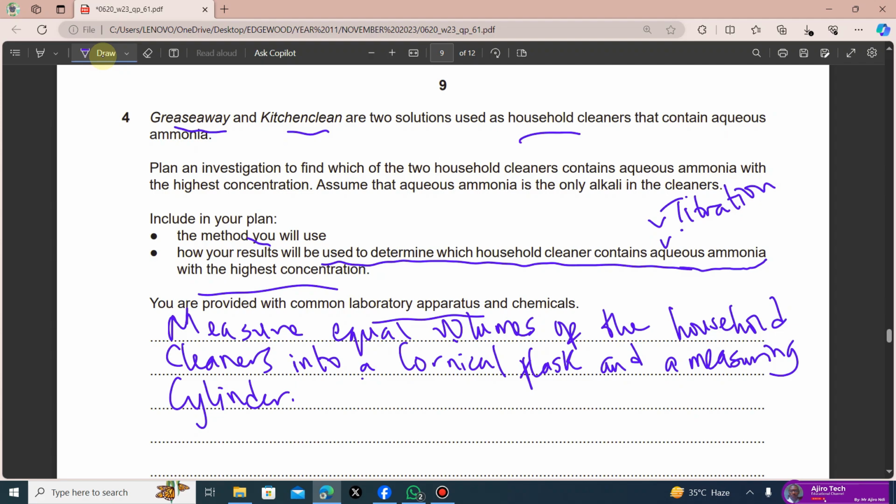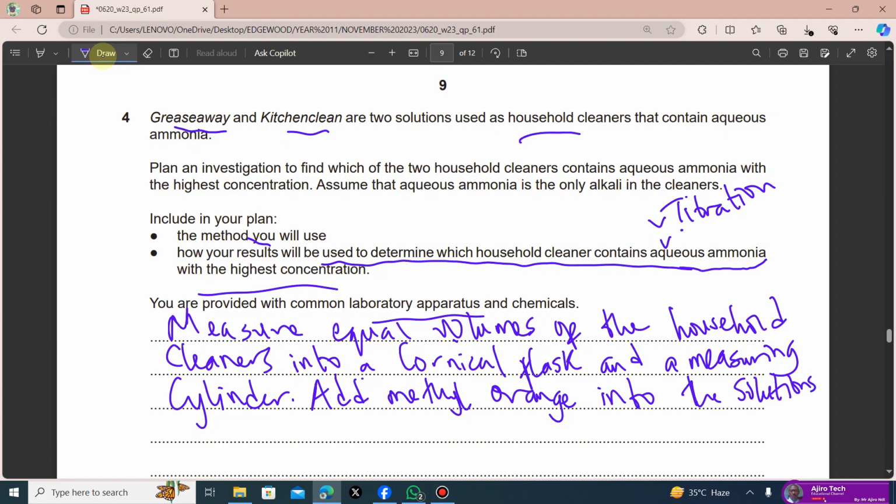Now, after that step, the next step is to add an indicator. So add methyl orange into the solutions.